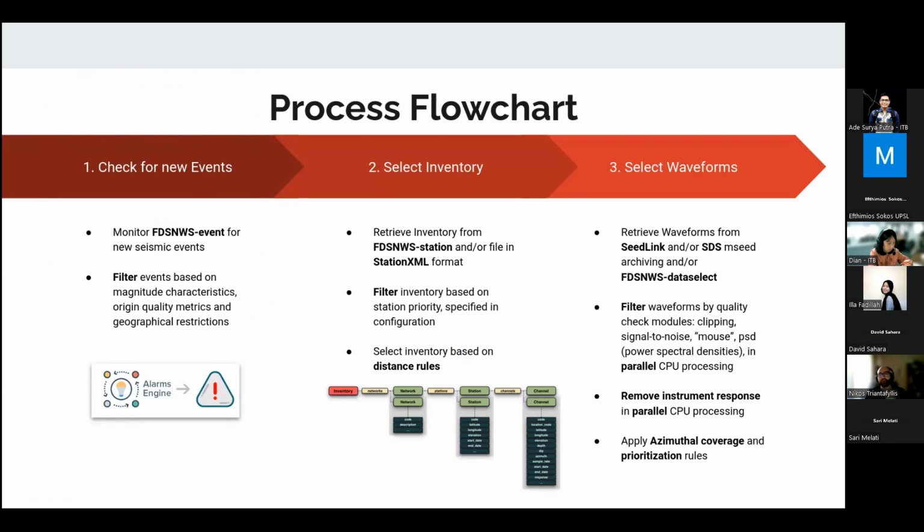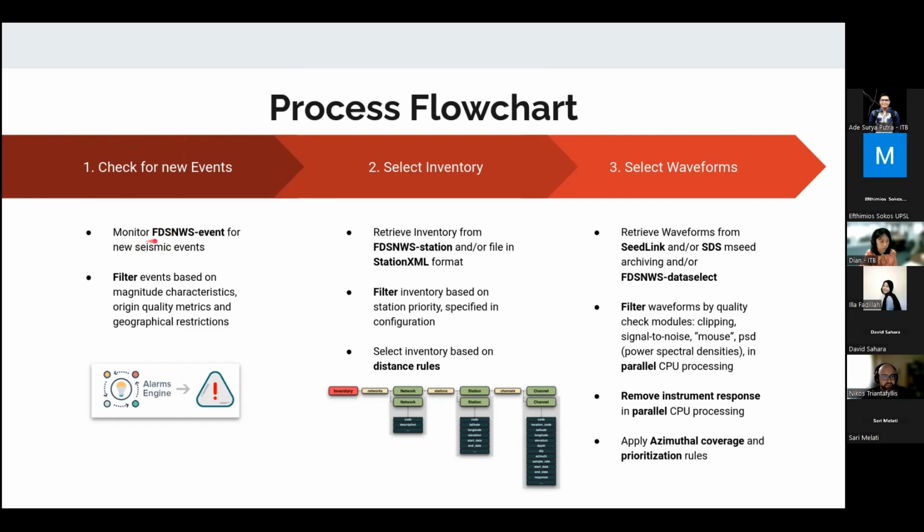So you have to prepare a configuration that is good for what you want to do. If you are an agency and you want real-time moment tensor computations, then you have to specify how you retrieve these events.